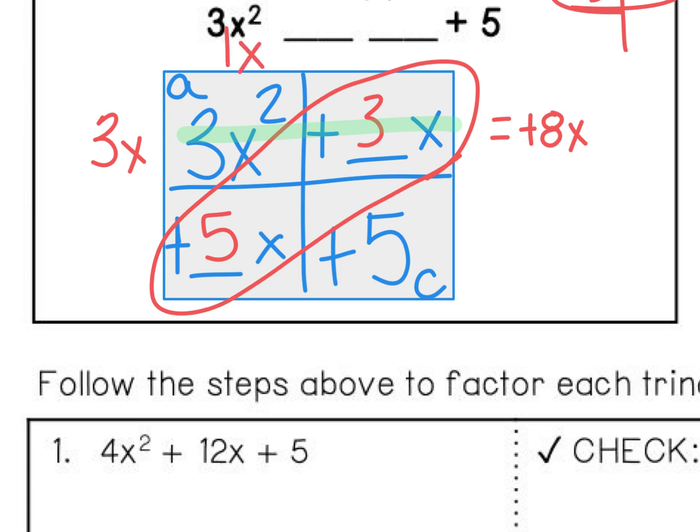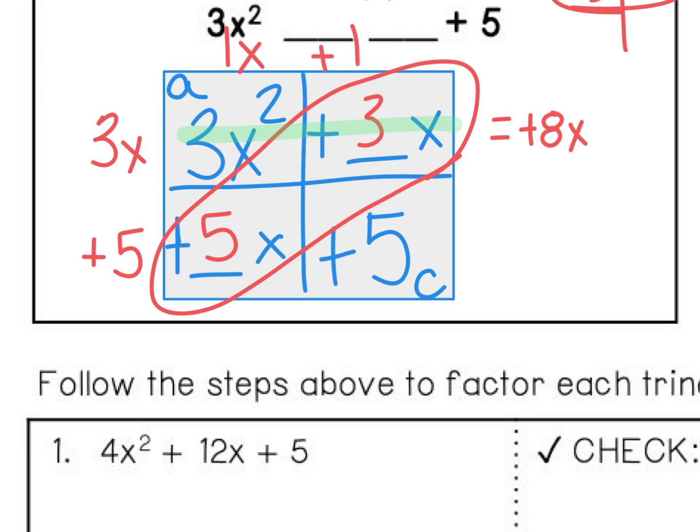And then you can either go across or down. So I have 1x times something is 5x. What kind of 5? Positive, signs matter. And 3x times something is 3x. What kind of 1? Positive.